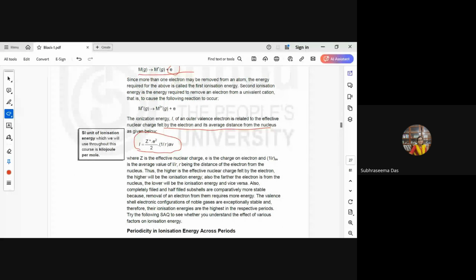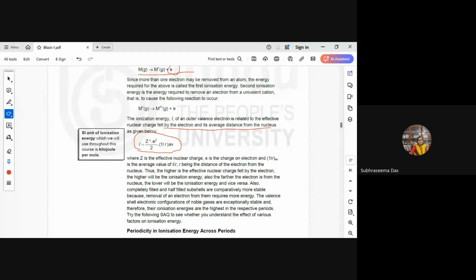Here Z* is the effective nuclear charge, e is the charge on the electron, and ⟨1/r⟩ represents the average value of 1/r, where r denotes the distance of the electron from the nucleus. So this is the general equation that is used.